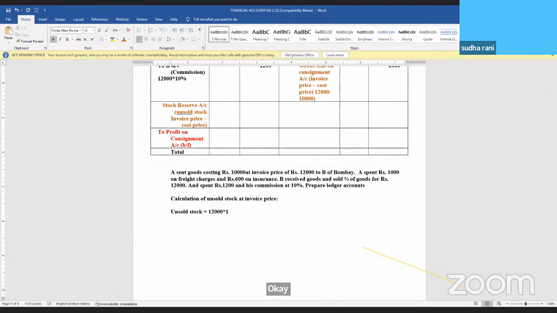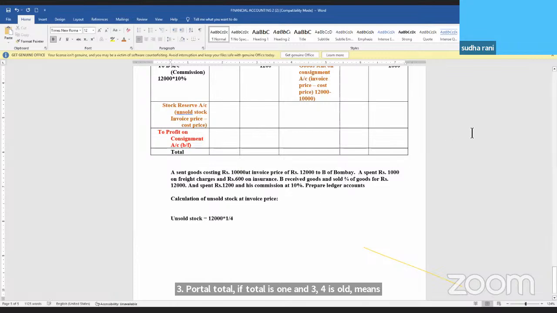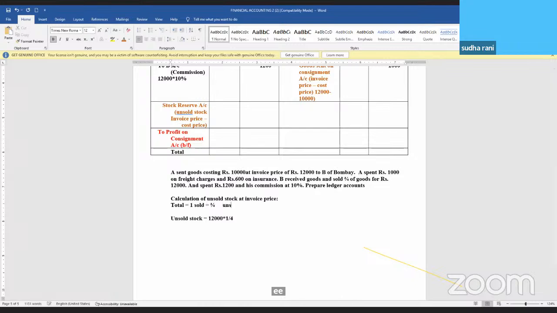How to take that? Assume total equals 1. Sold is 3/4. Unsold is 1/4.